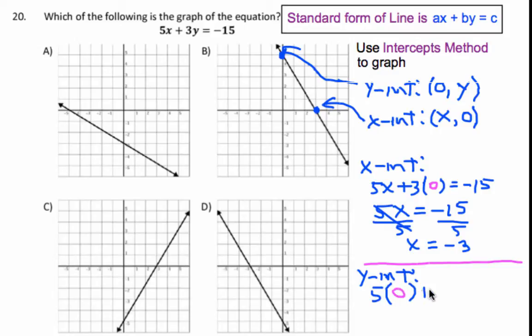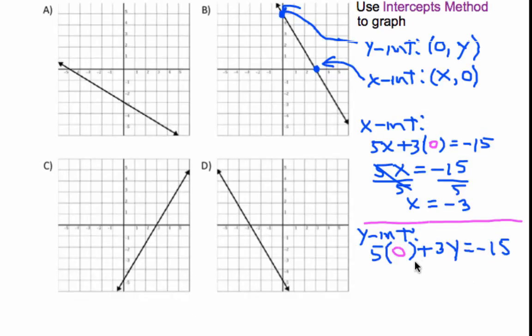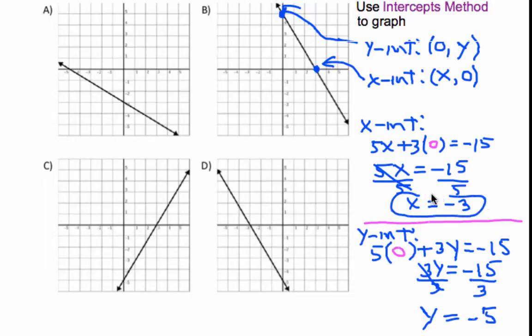And then we'll add in 3y equals negative 15. 5 times 0 is 0, so you'll get 3y equals negative 15. Dividing both sides by 3, we'll get y equals negative 5. So we now have our two coordinates, our two intercepts. We have our x-intercept at negative 3, and we have our y-intercept at negative 5.